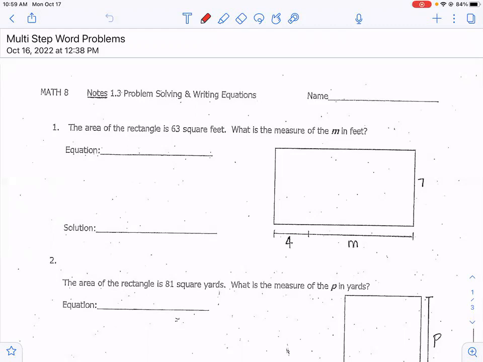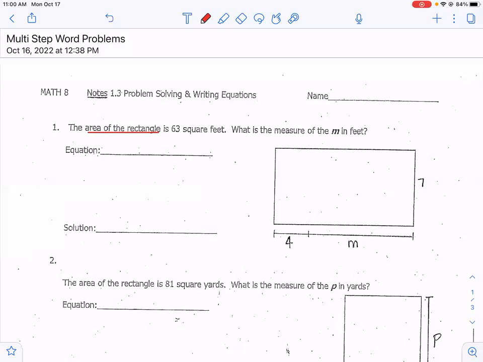All right, so let's go ahead and look at number 1. It says the area of the rectangle is 63 square feet. What is the measure of M in feet? So we have a rectangle. Raise your hand if you can tell me how we calculate the area of a rectangle.